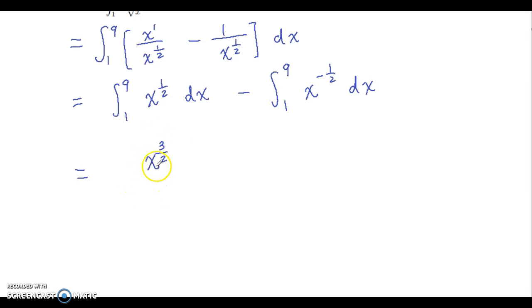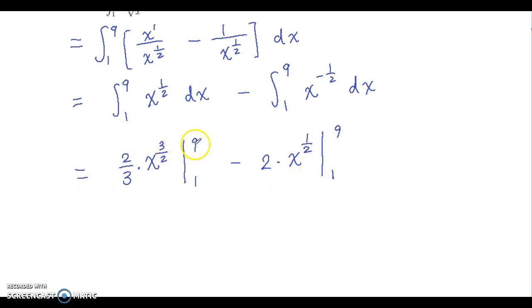Now you divide by the new power, which is the same as multiplying by the reciprocal, and you evaluate at 9 and 1. Then the next one, you subtract the antiderivative of x to the negative 1/2, which is x to the 1/2 power, because you increase it by 1, and then you multiply by the reciprocal, and you evaluate from 1 to 9. Now it's just a matter of plugging in numbers.